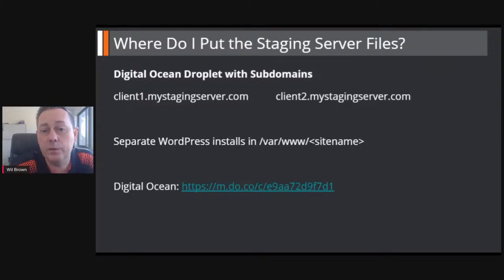Well, I like to host my staging sites away from the production server, as it could negatively affect performance. I know that some people create staging sites as subfolders or subdirectories in a production site. So I tend not to do that, just for the very reason that something could go wrong.